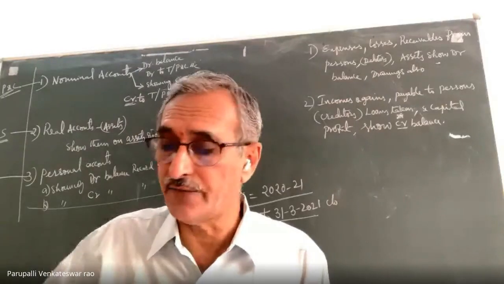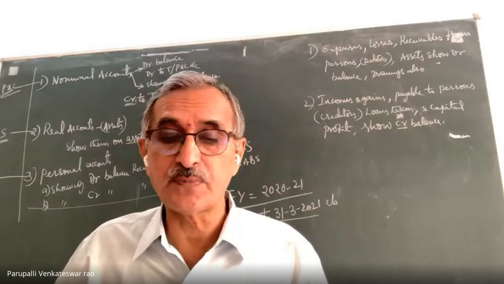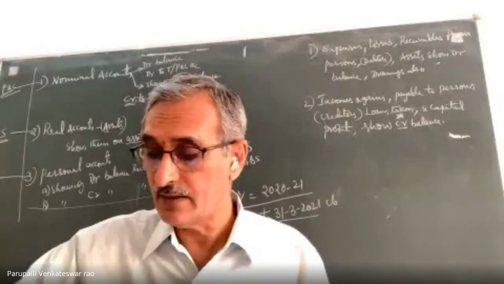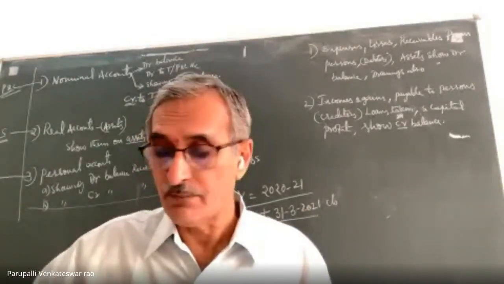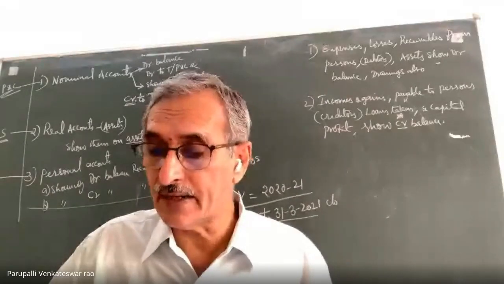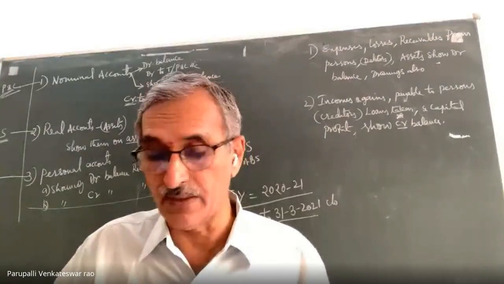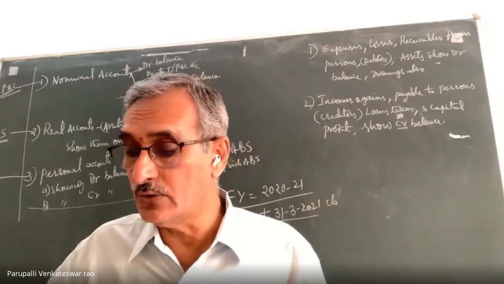That's it. As of now, I close profit and loss account. Time is running out, so the next one, the manufacturing account, I will take later. I will take the balance sheet, which is on page numbers 22 and 23.